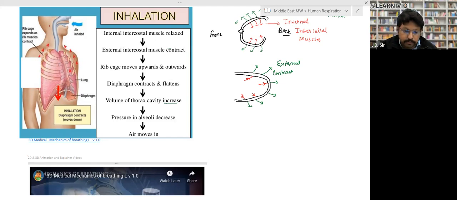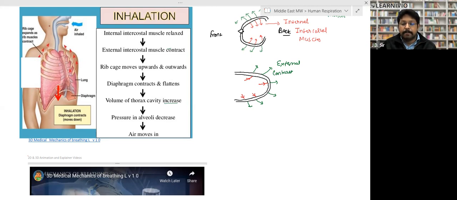Full stop. Pressure inside alveoli decreases.